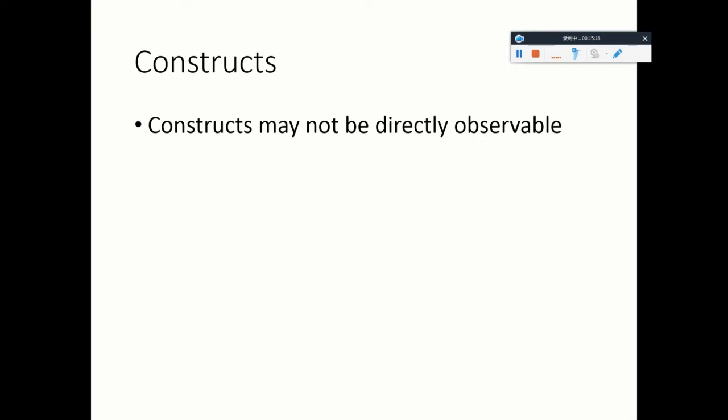One limitation about constructs is that exactly because they're invented, exactly because they're often used to describe some very abstract phenomena, they cannot be directly observed. So when we say that something is directly observable, we might think of something as concrete as a desk, as a chair, or as a computer. Right?